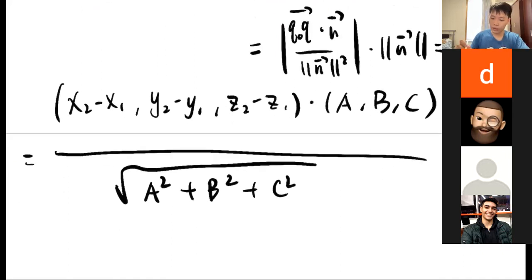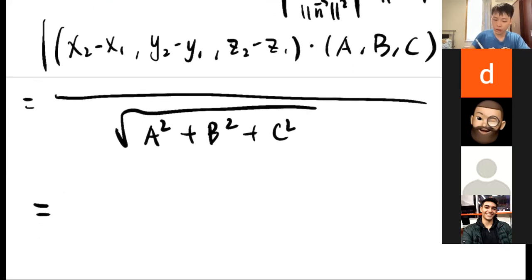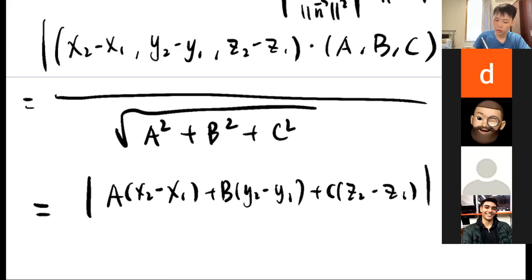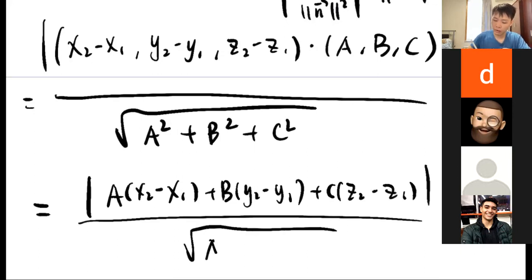So the dot product, well, you have the absolute value. The dot product on the numerator, you just distribute a, b, c. That's the dot product. So a of x2 minus x1 plus b of y2 minus y1 plus c of z2 minus z1, divided by the square root of a squared plus b squared plus c squared.